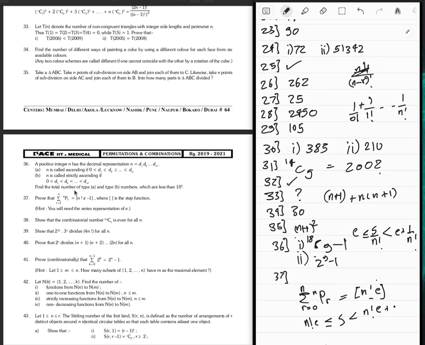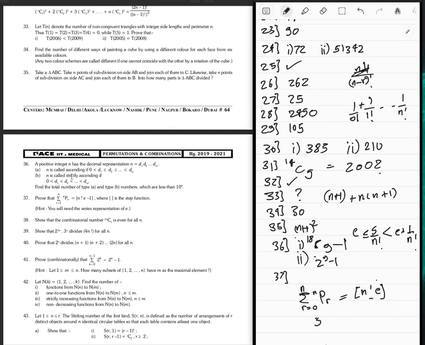Okay, wait, what? No, this is not making sense. How is this bigger than or equal to e? This is the floor of this guy, isn't that right? Wait, something's not right. Sorry. Okay, okay, this is kind of stupid.